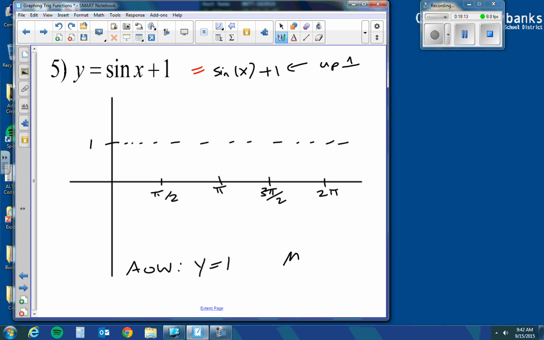Where's the max? You're just going 1 above the middle, and 1 below will hit a minimum of 0. And then draw a sine graph.